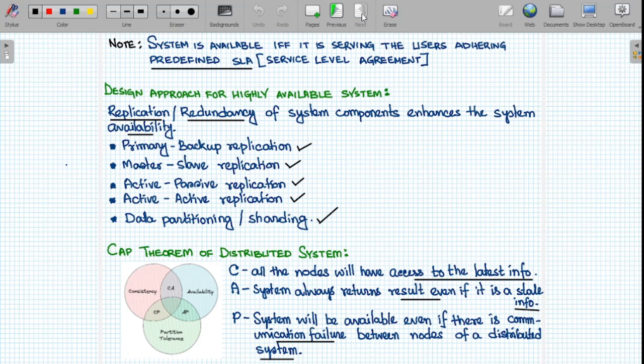Remember, replication and redundancy increase the complexity of your system and cost. Hence, replicating each and every component of your software system is not a good idea.